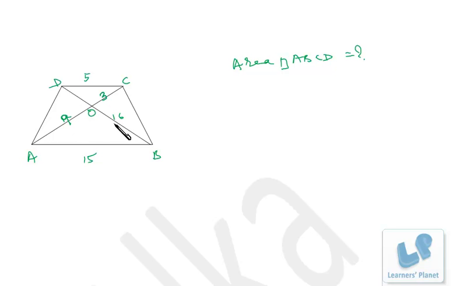Similarly, if this entire length is 16, we break it into the 1:3 ratio, so that's 4 and 12. Now you can see 3, 4, 5 is a Pythagorean triplet, and similarly 9, 12 and 15 is also a Pythagorean triplet. That means this angle is 90 degrees and this angle is 90 degrees.